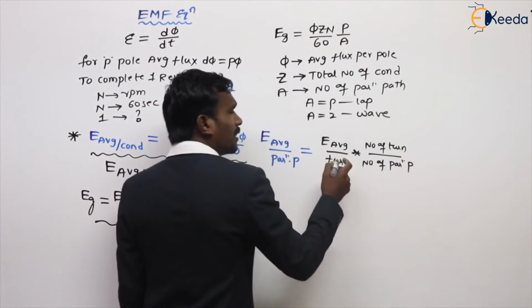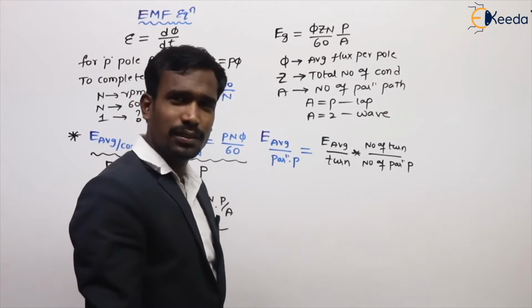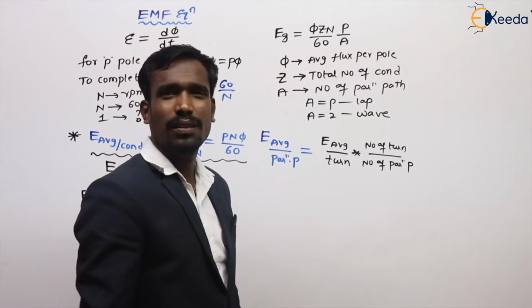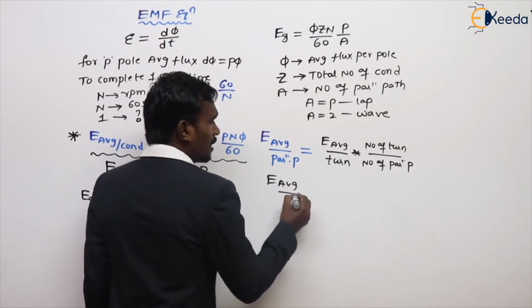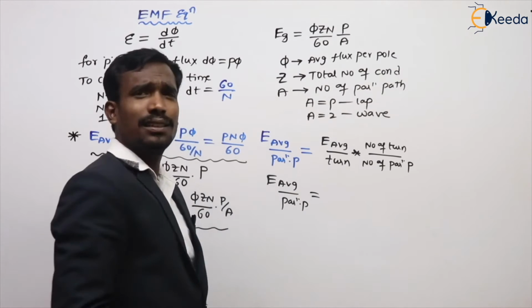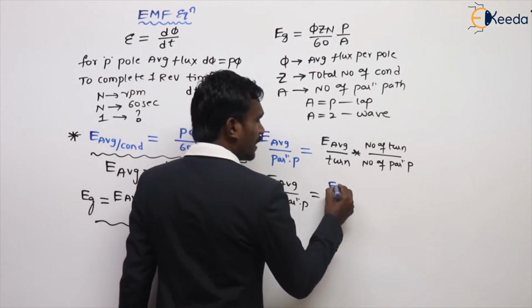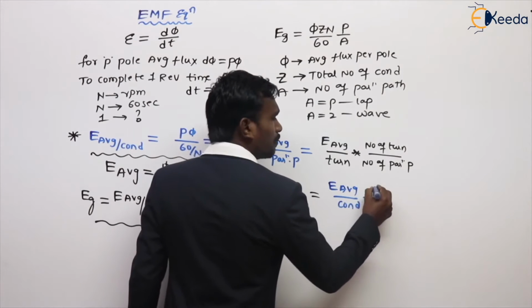Then turns get cancelled and E average per parallel path will come. That's very simple. If they give E average per conductor, but I want E average per parallel path, how can we get it? Very simple.